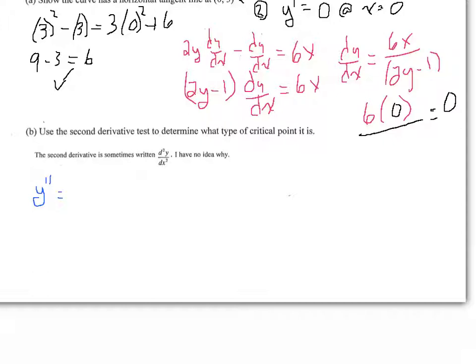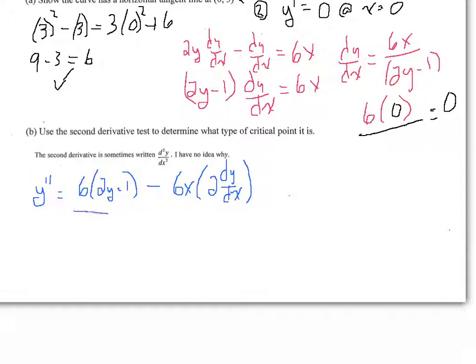We need the derivative of the first, which is 6, times the second, 2y minus 1, minus the first, 6x, times the derivative of the second, which is going to be 2 dy/dx, and that's it.